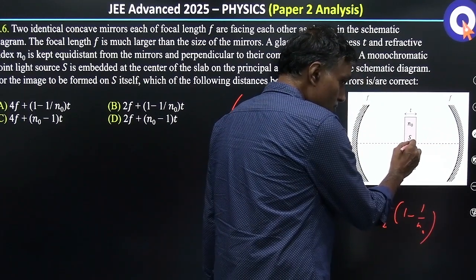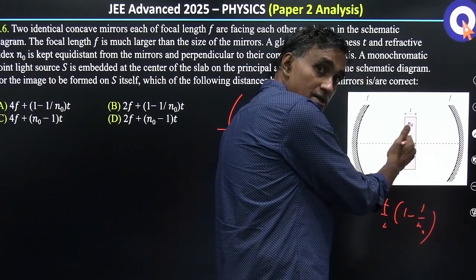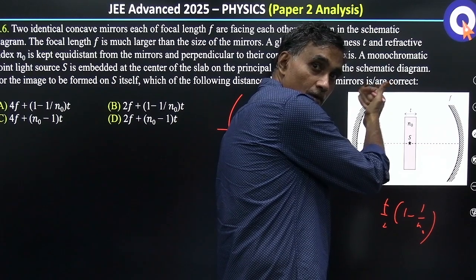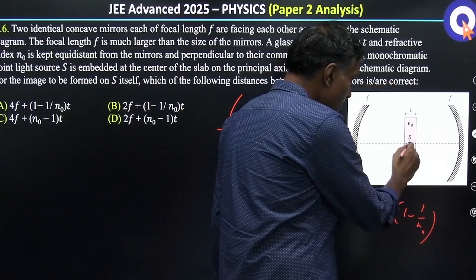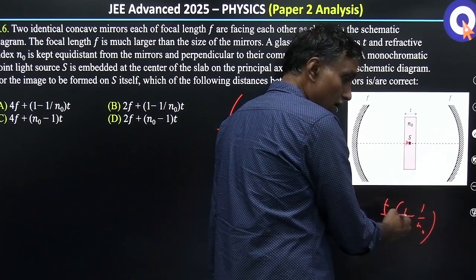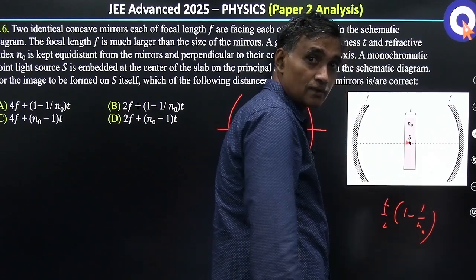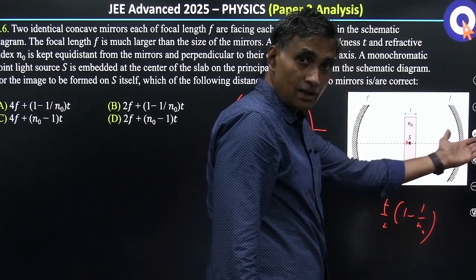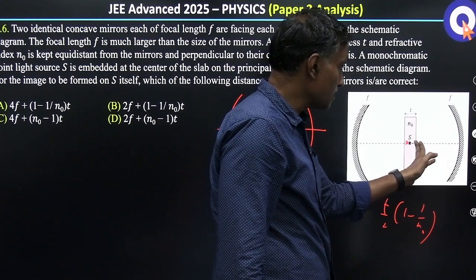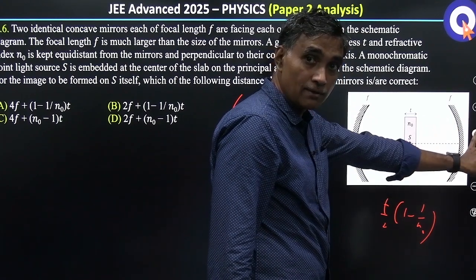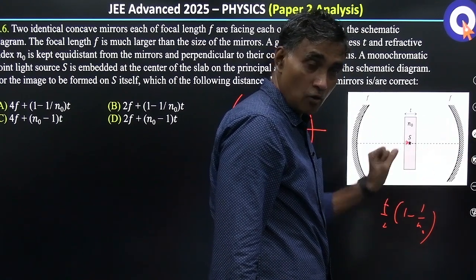Now this is object for refraction, its image will act like object for next reflection. So image is somewhere here and this is shift, okay. So this should be at focus of this or center of curvature of that. Similarly for that also, the image here should be either at center of curvature or focus.